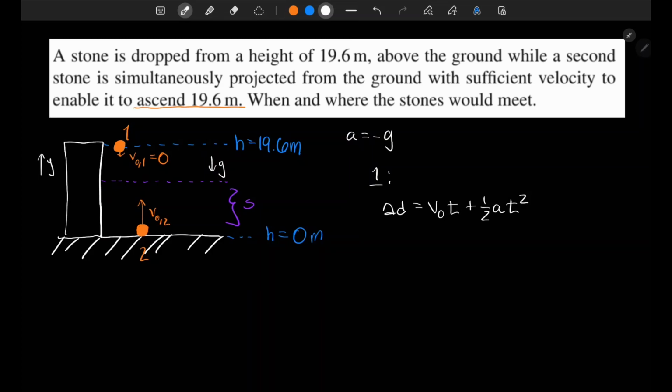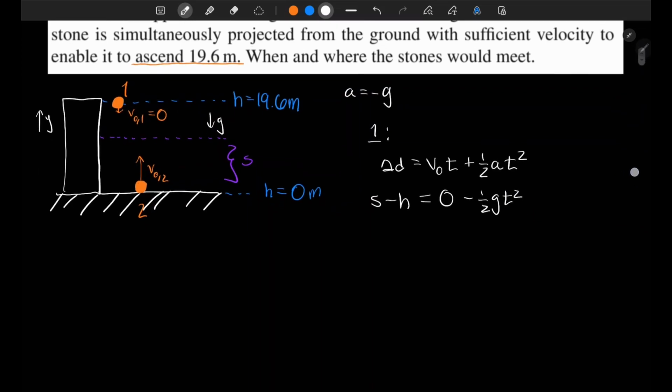So for ball 1, delta d is going to be the final position, which is s, minus the initial position, which is h. Here h is 19.6 meters. And this is going to be v naught 1, which we've already said is 0. So this whole term is 0, minus 1/2 g t squared.